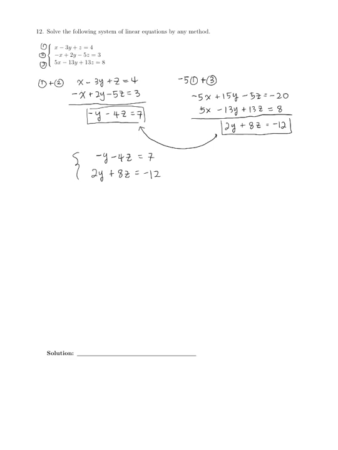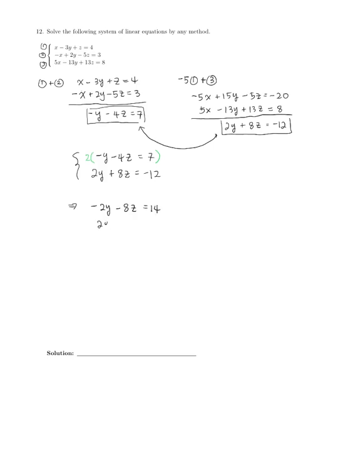Now let me see, how about let's try to get rid of the y by multiplying the top equation by 2. So if I multiply this guy by 2, let me rewrite. Then you're going to have negative 2y minus 8z equals 14.